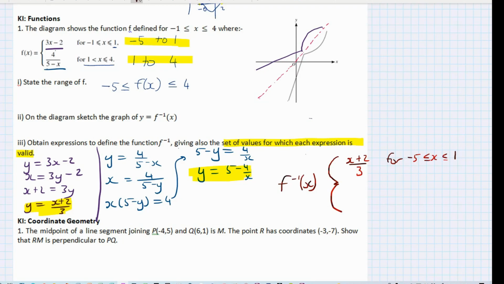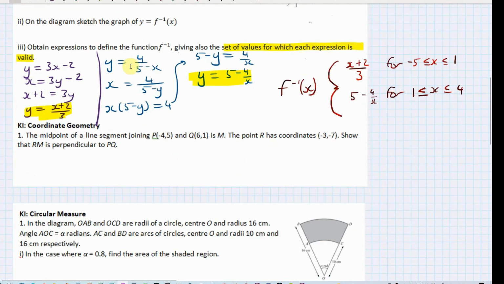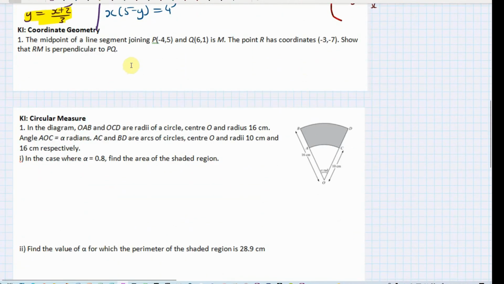And then the next one is 5 minus 4 over x, and that is for 1 is less than or equal to x is less than or equal to 4. And we're away and laughing. Done. Sorted. Now we're moving on to coordinate geometry.